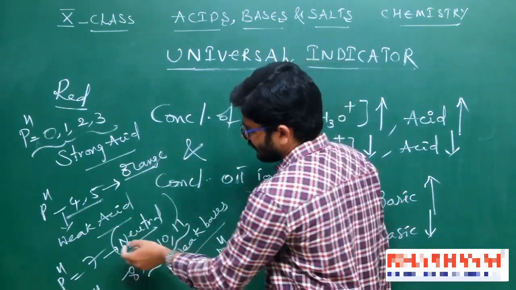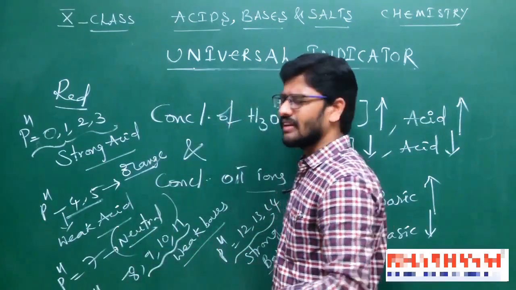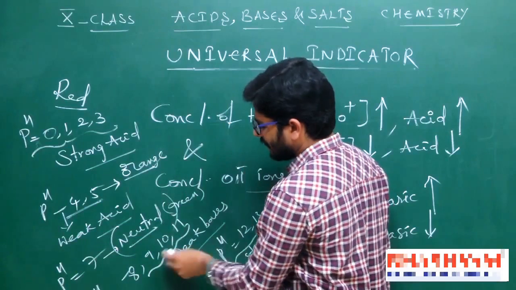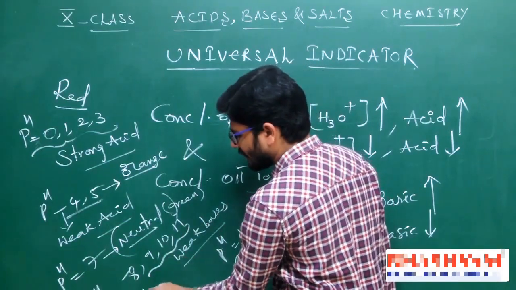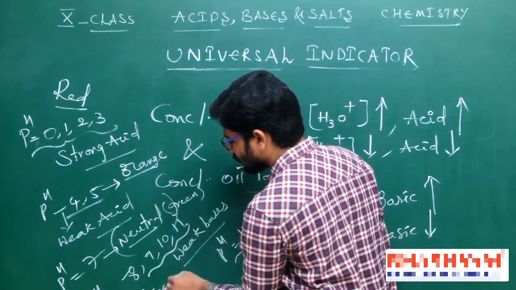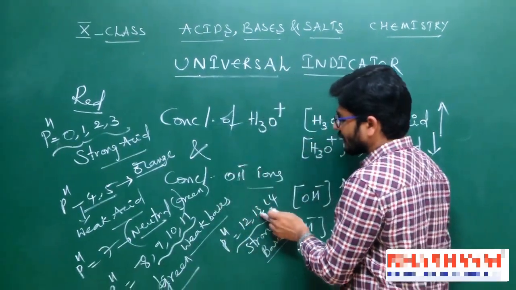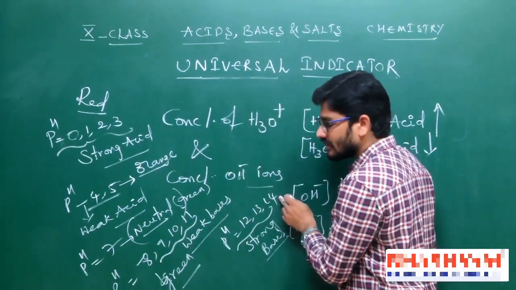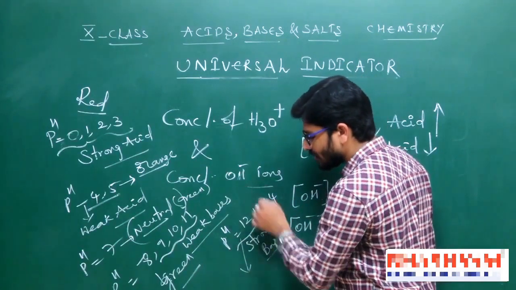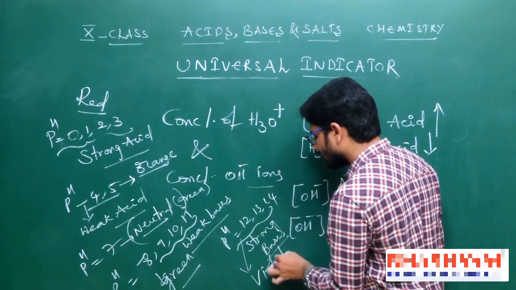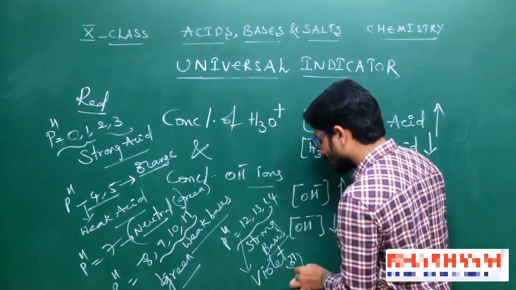If pH is equal to 7, it shows green color, that is light green, no problem, green. And 8, 9, 10, 11 are also the same, they show green color. Whereas 12, 13, 14 show the color violet or blue.